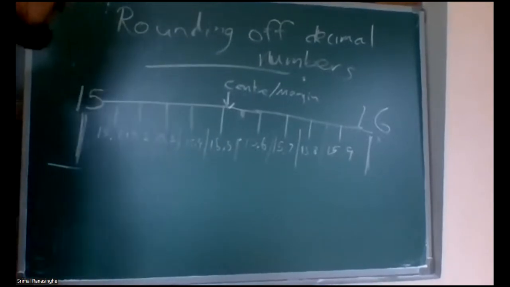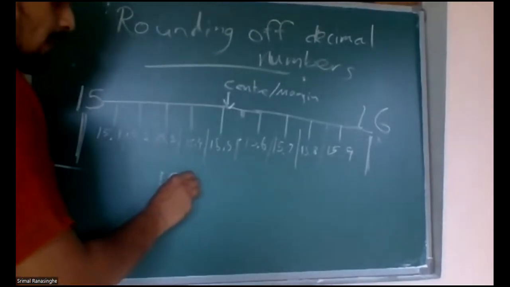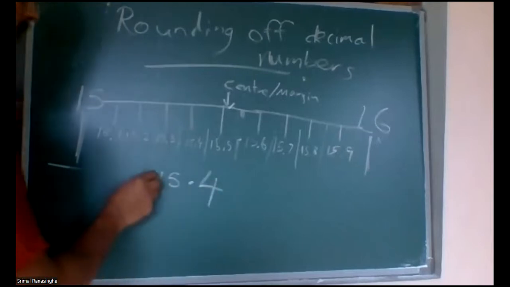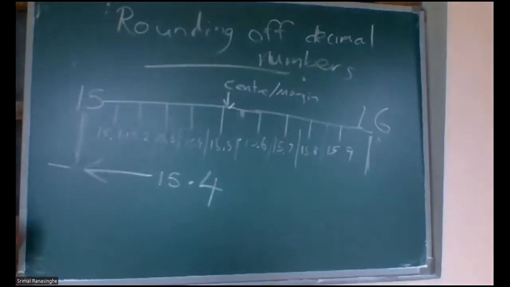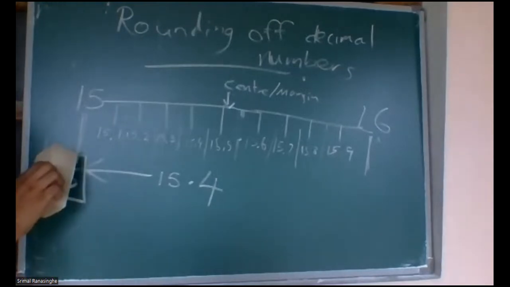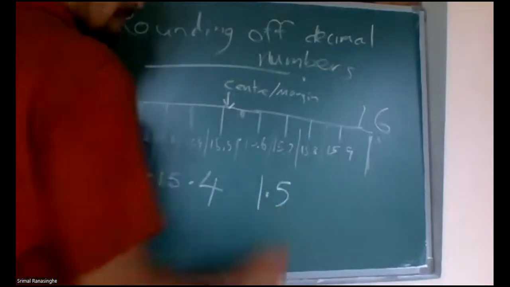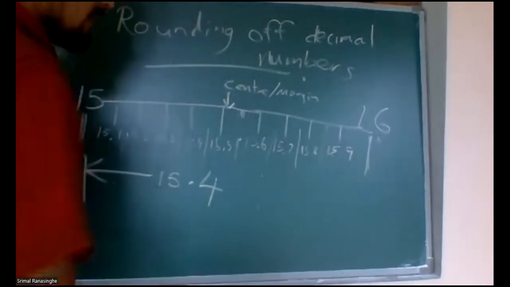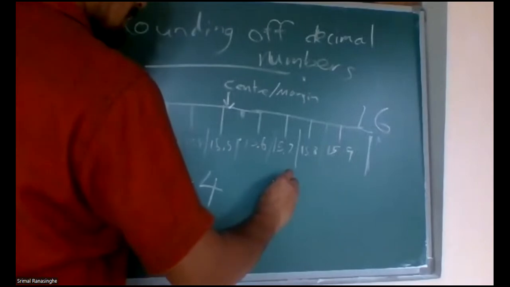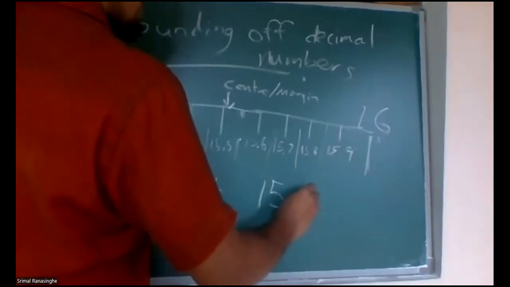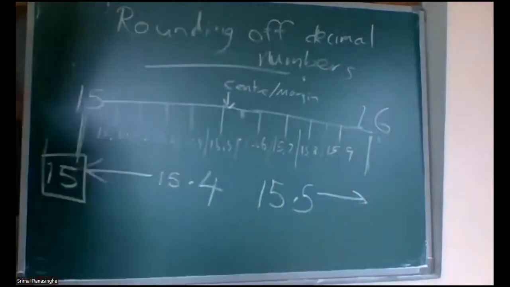So if you have a number 15.4, that belongs to the 15 side. If you have 15.5, that belongs to the 16 side.